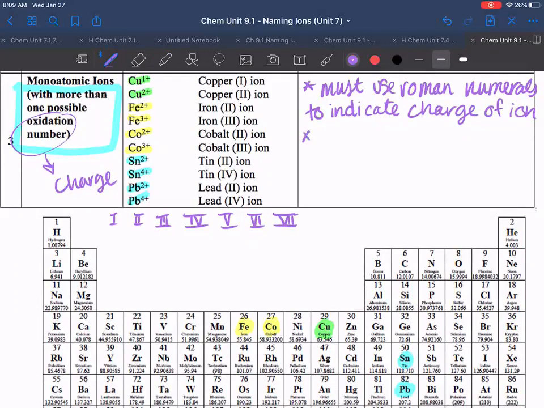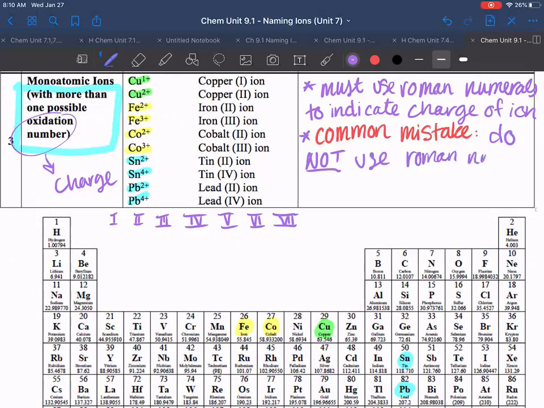But I do have to mention, when we start actually putting compounds together, with cations and anions together, this is a common mistake. Oops, as if I could spell common. What I'm going to tell you is do not use Roman numerals to indicate the number of atoms or ions.